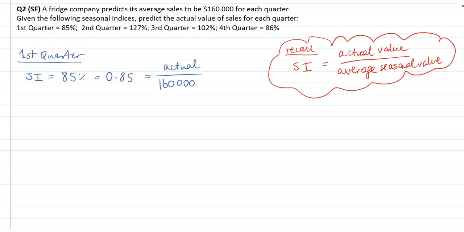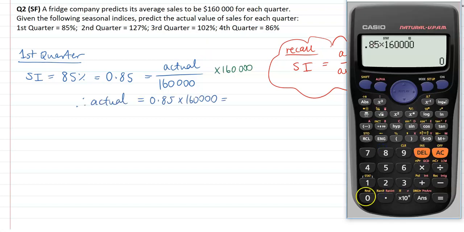So if we look at that first quarter figure, we've got a seasonal index of 85%, which is 0.85. So in order to find the actual, we simply need to multiply both sides by 160,000. Pop that in my calculator.